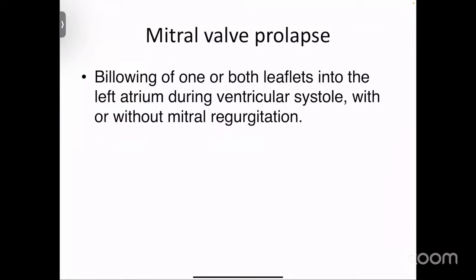Mitral valve prolapse is characterized by billowing of one or both leaflets into the left atrium during ventricular systole, with or without mitral regurgitation. The basic pathologic conditions behind it are mitral leaflet redundancy and myxomatous leaflet thickening.